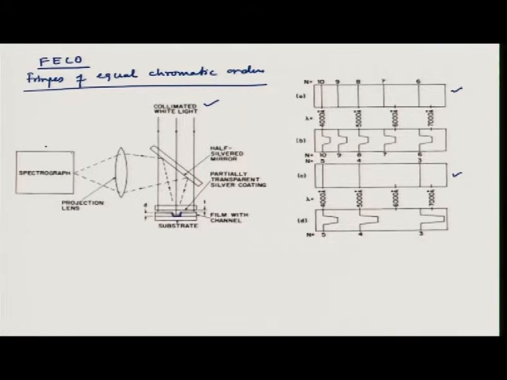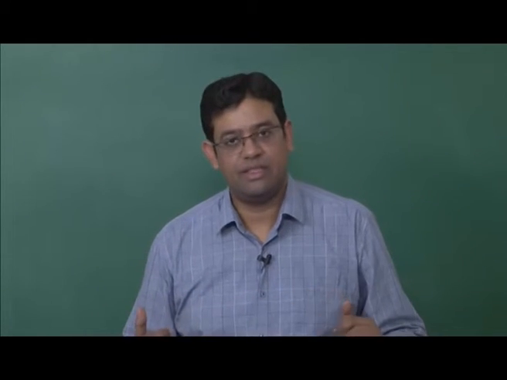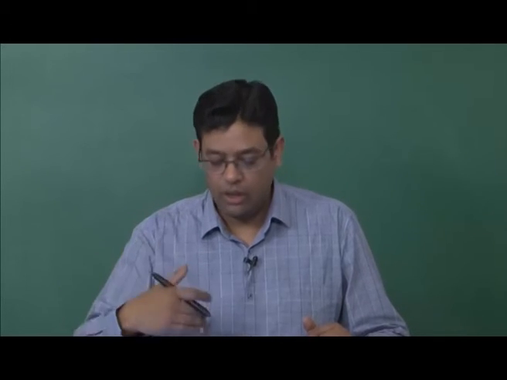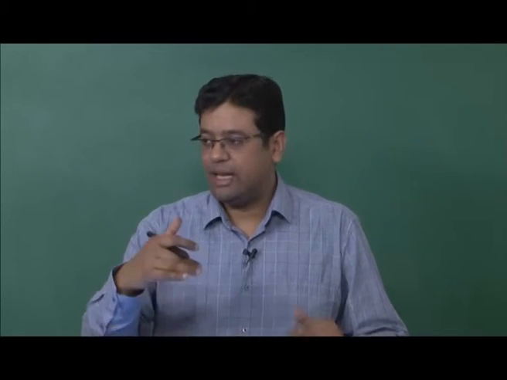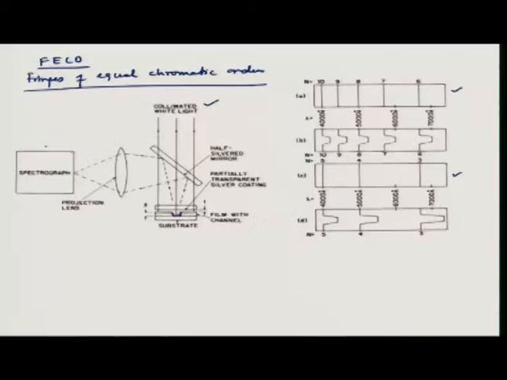For both FET and FECO, we need to use highly reflective surfaces and opaque surfaces. This will not work for transparent thin films which will allow light to pass through. So these methods are good for opaque thin films.